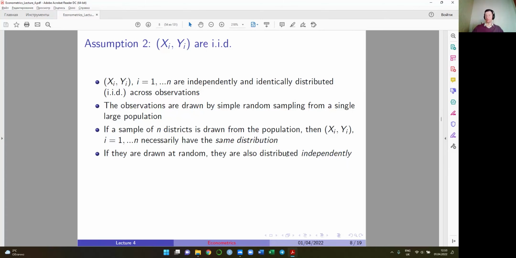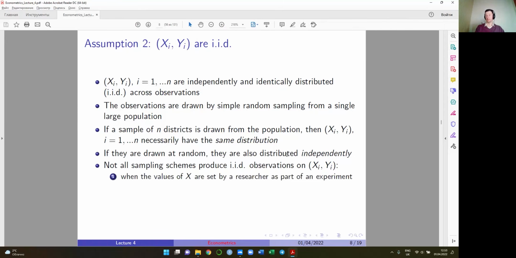Which means that your population must be large, such that if you pick one observation, it doesn't influence the probability to pick another observation. But on the other hand, your sample also must be large, but still relatively small compared to the population. Well, not all sampling schemes produce IID. We also discussed this in statistics.